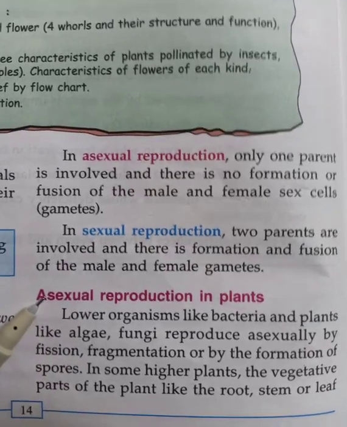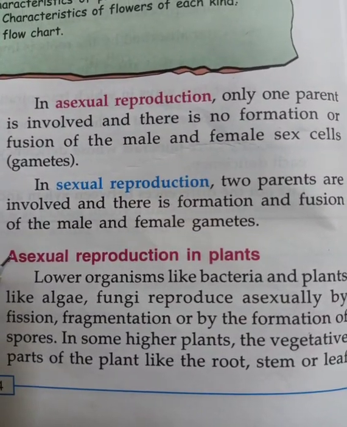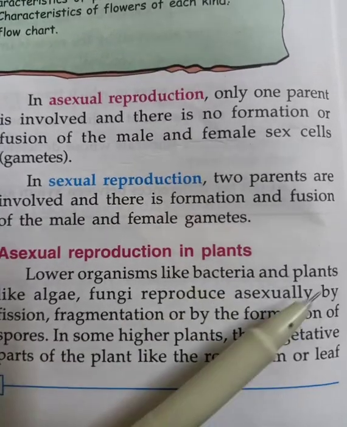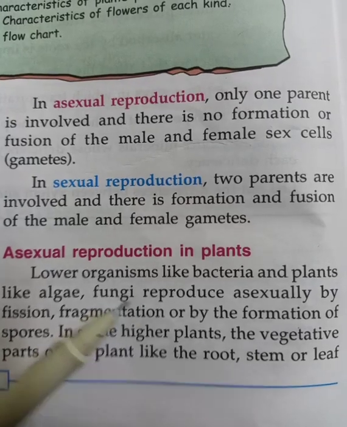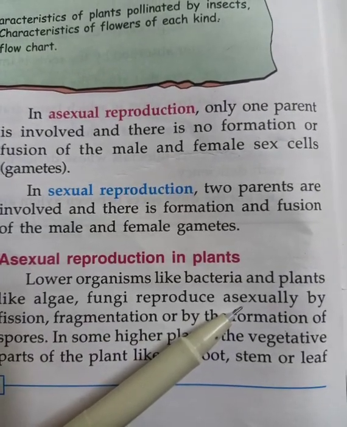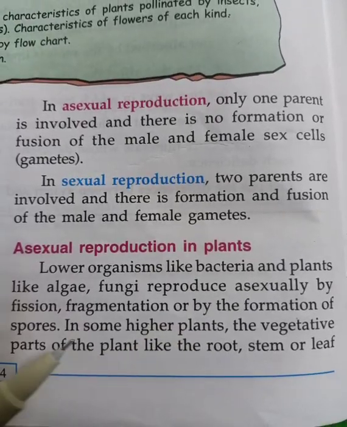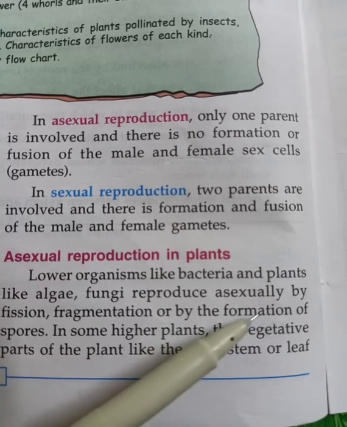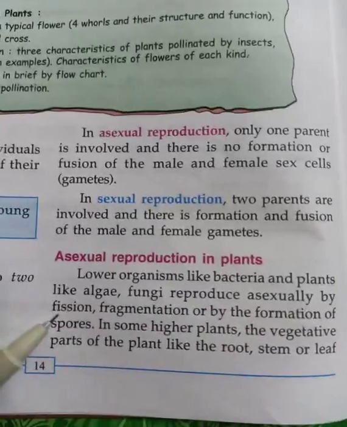Now, asexual reproduction mainly happens in lower organisms. Lower organisms just like bacteria, plants like algae, fungi, they reproduce asexually. Now in that also we had studied asexual reproduction. It occurs mainly by fission. Fission means breaking down into 2 parts.